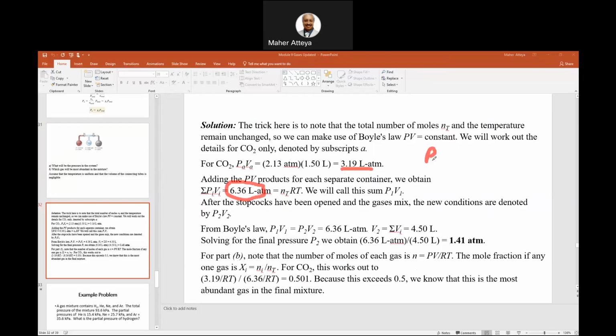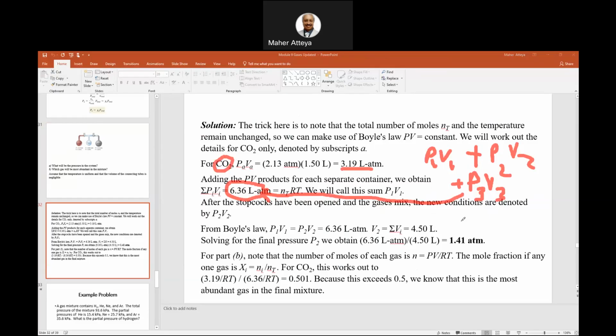Remember P1V1 plus P2V2 plus P3V3 is this one here. That's the sum when you multiply. This is just to show you how to do it for one of them, CO2, but when you add them up, you come up with 6.3.